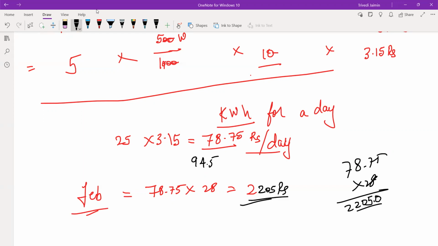Oh, it's too costly. 2000 we are paying just for fans working for 10 hours per day. What is it per fan?